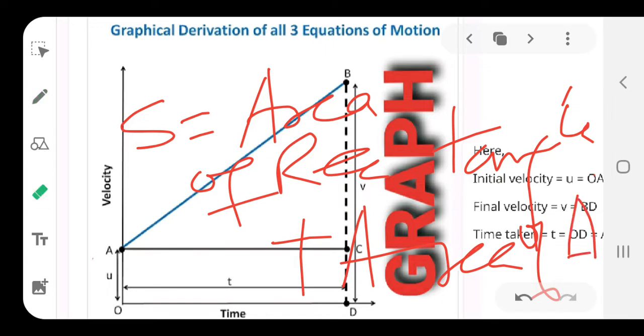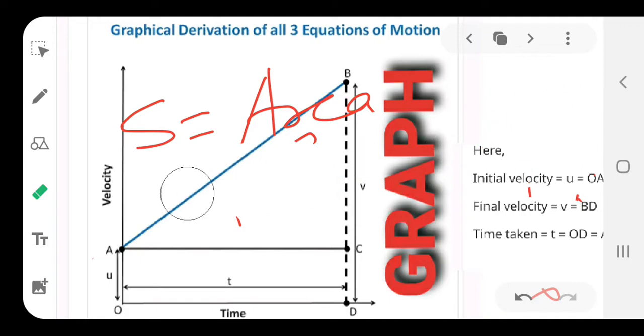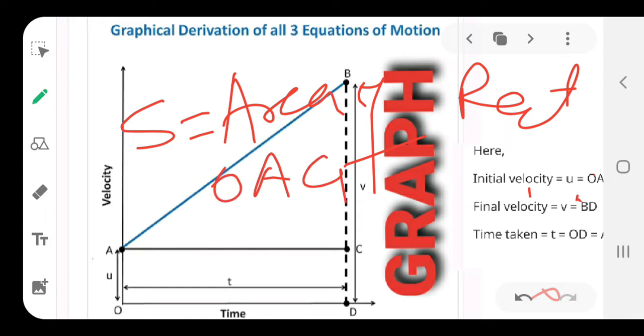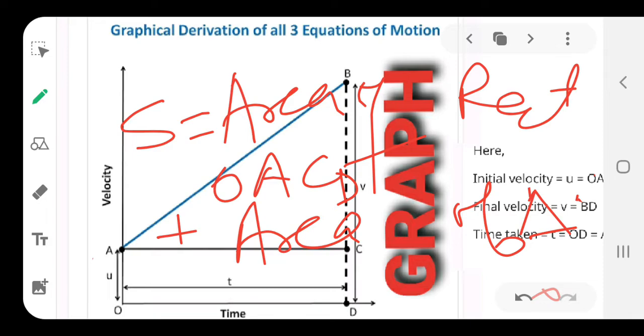Now, which one is the rectangle and which one is the triangle? I hope you all know it. The area of rectangle is said to be OACD, and the area of triangle, please write it down side by side, otherwise you will lose it, is the triangle ABC.